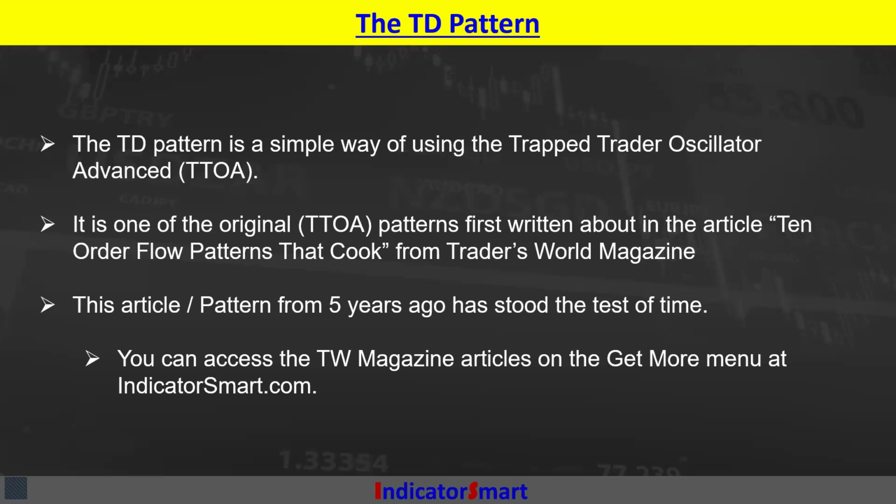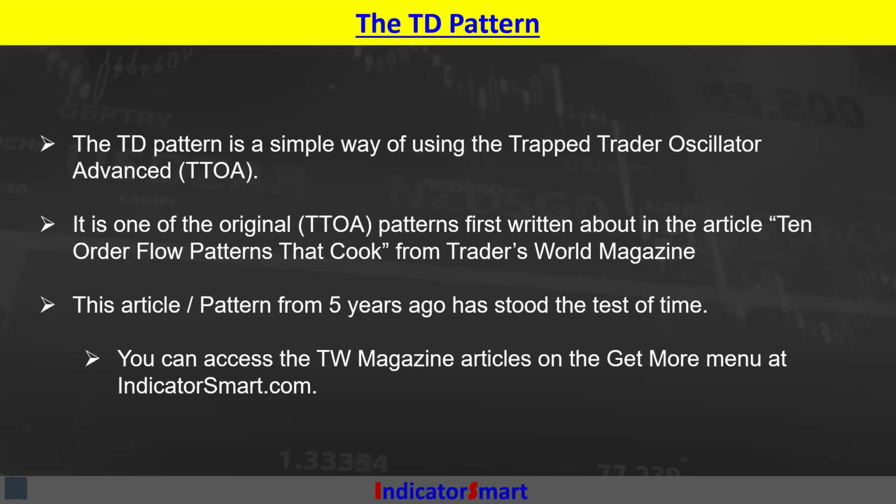Another way you could find it is you could go to the Trap Trader Oscillator and click the link off of that, and that'll take you right to one that actually has more information in it than the original article. So that might be preferred. Go to IndicatorSmart.com and find the Trap Trader Oscillator in the products and click the link there, and there's a ton of resources there for you.